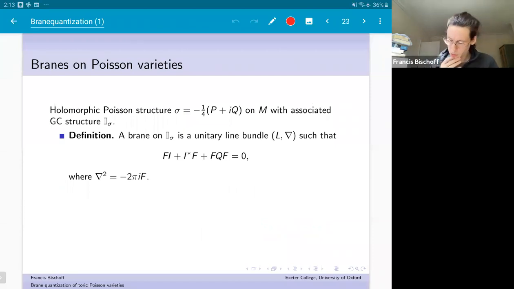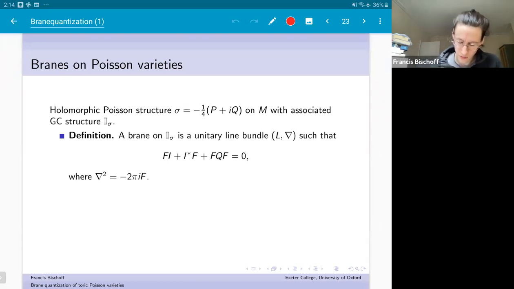Okay, so what about branes for the GC structure associated to a holomorphic Poisson structure? Here's a definition, which is not the most general definition of a brane, but it's going to be good enough for my purposes. A brane on this GC manifold is defined to be a unitary line bundle with connection, (L, ∇), such that the curvature F satisfies the following equation.